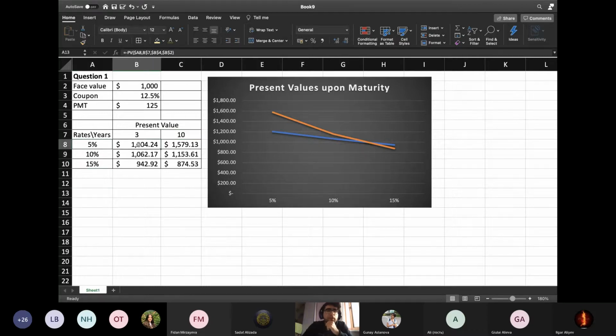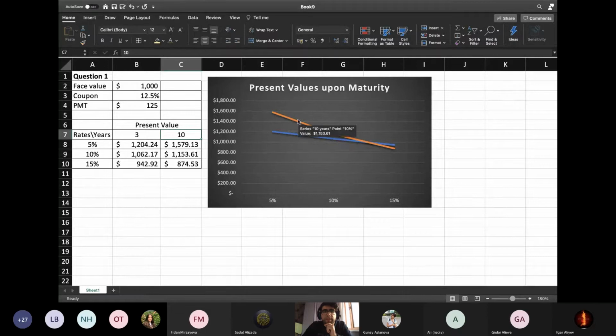interest rates. So we are comparing here the present values, how present values change as interest rates and maturity years change. If years go up, the present value decreases. Also, depending on the interest rate, for example at a higher interest rate, they decrease by a higher amount than the lower one.